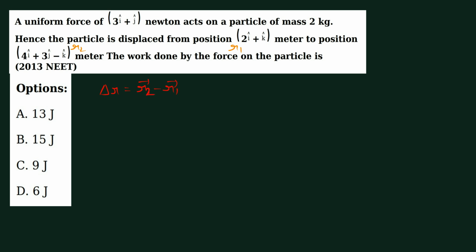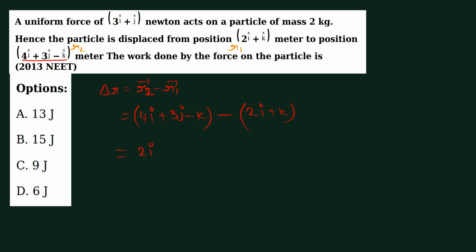R2 minus R1, where the R2 value is 4i plus 3j minus k, minus, what is the R1 vector we have here? 2i plus k. Now you see, 4i minus 2i, how much?